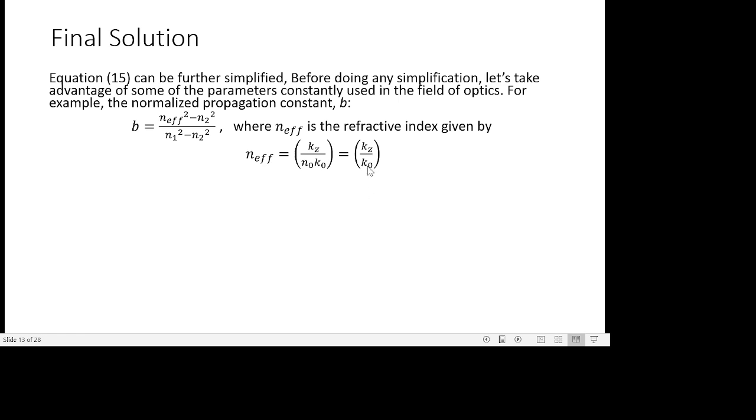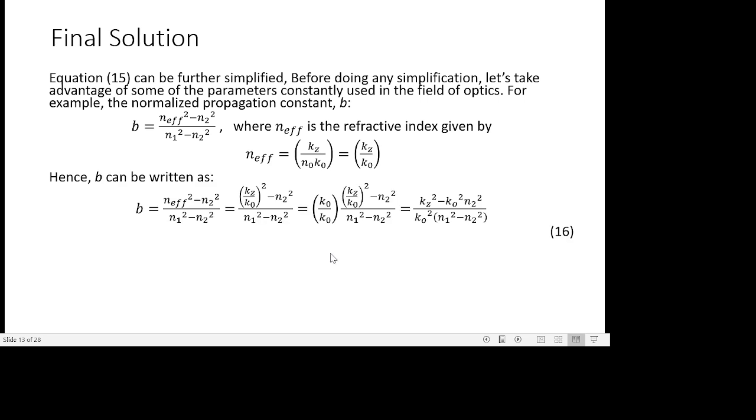I should say K here, it shouldn't be K naught. So I made another mistake. Kz divided by K, yeah. So as a result, I should say it is n of K. Yeah, I missed the n of here. So as a result, we will get this one.